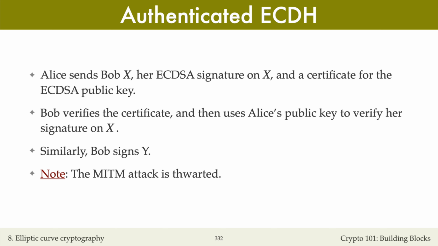Authenticated ECDH prevents malicious intruder-in-the-middle attacks because when Eve replaces Bob's Y with its own Y primed, Eve is unable to compute Bob's valid signature on Y primed. This is assuming that the signature scheme employed is secure. Hence, Alice will reject Y primed and the attack will fail.